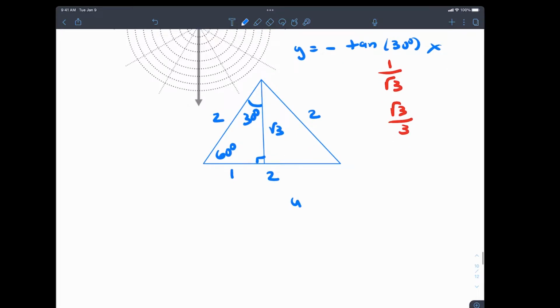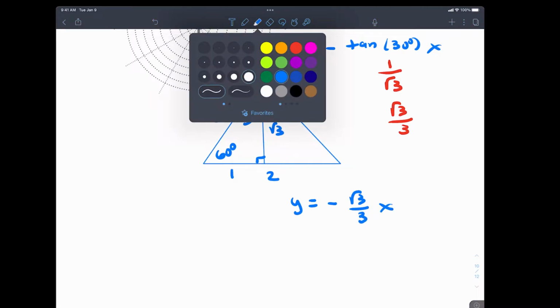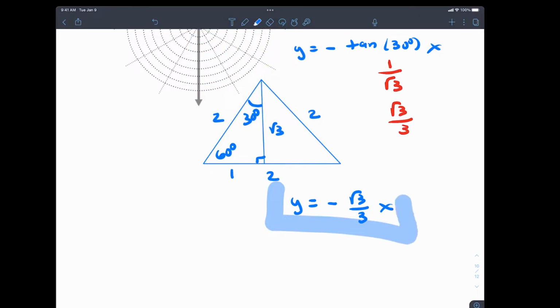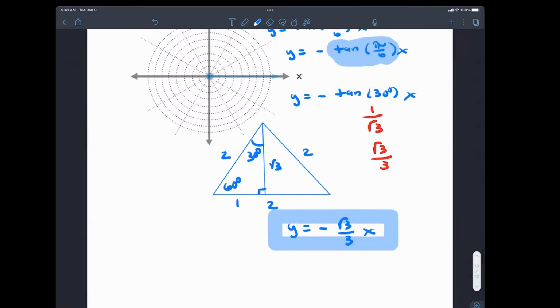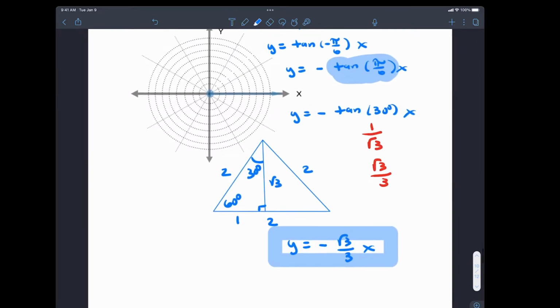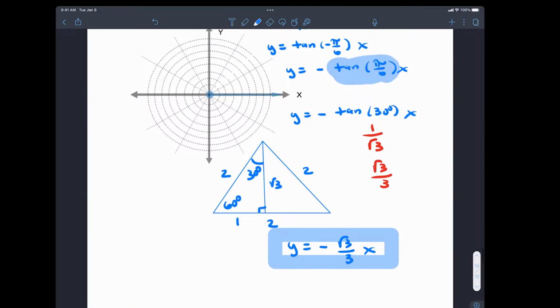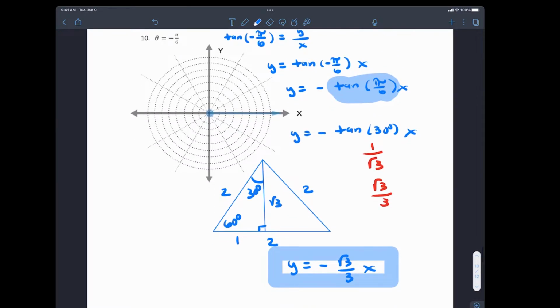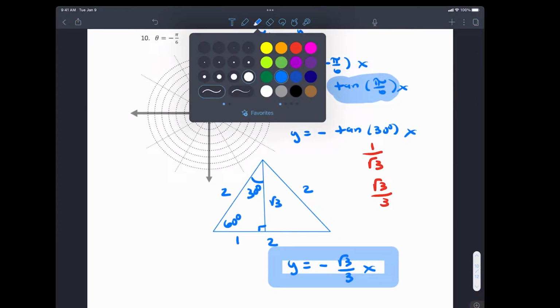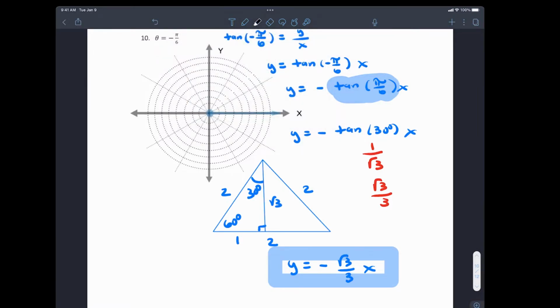So the curve is actually what you guys see here. This is the rectangular coordinate system, the one you know and love from algebra. Tangent 30, though, because the angle is negative pi over 6, that's negative 30 degrees. So it's actually right here.